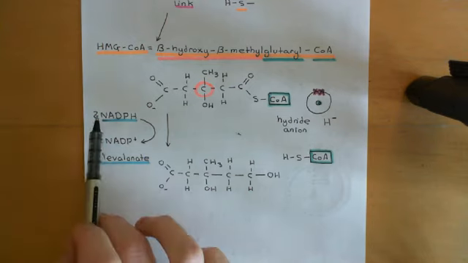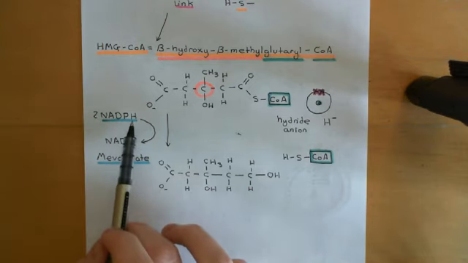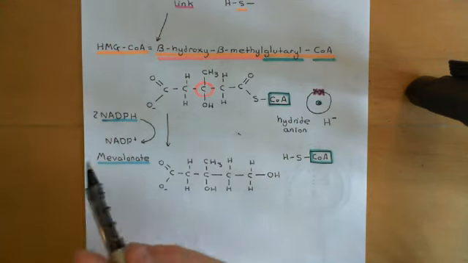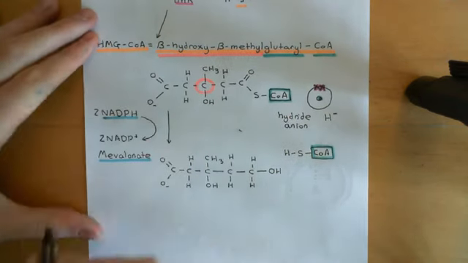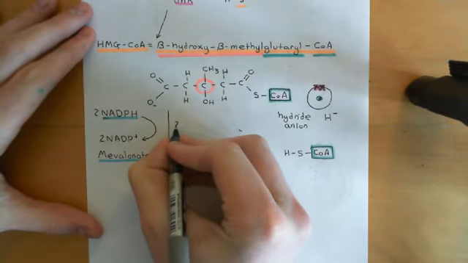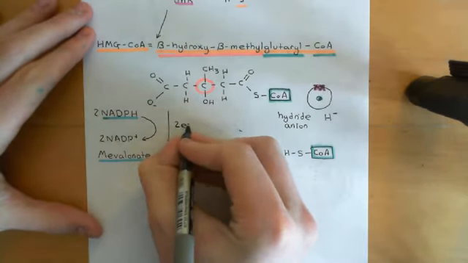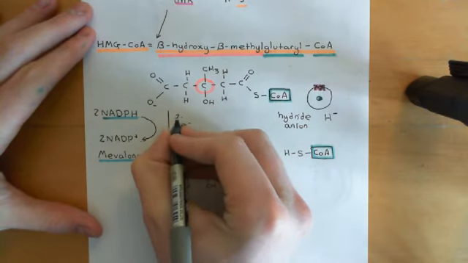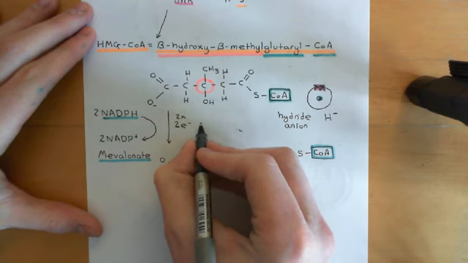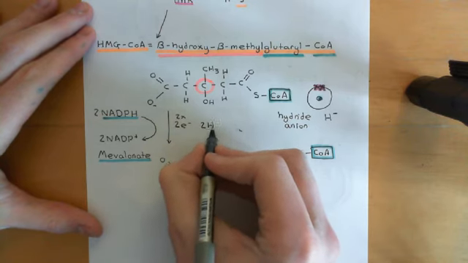You're going to bring in these 2 NADPH molecules, these 2 reduced NADPs. They're going to return down to being 2 non-reduced NADP molecules, and therefore you're going to provide into this reaction 2 electrons from each of them. So 2 times 2 electrons, effectively 4 electrons in total, and also 2 protons in total, 1 proton from each of them.